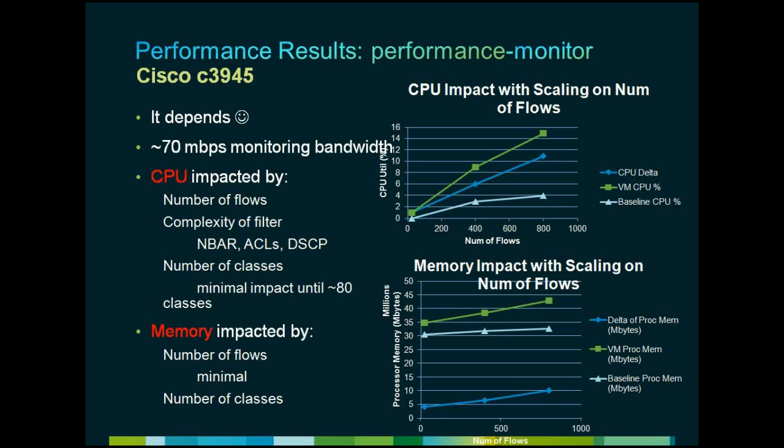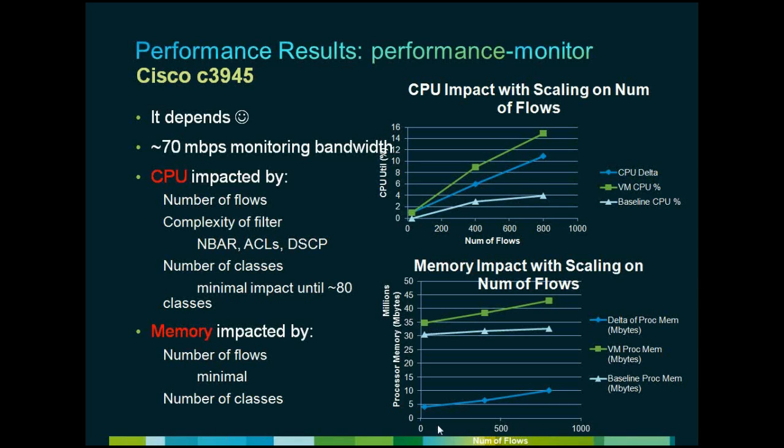The CPU is going to be impacted by the number of flows and how complex your filters are, because you could have a very complex filter there. And the number of classes, which apparently has minimal impact until you have 80 classes. Your memory is going to be impacted by the number of flows, and minimal number of classes again.